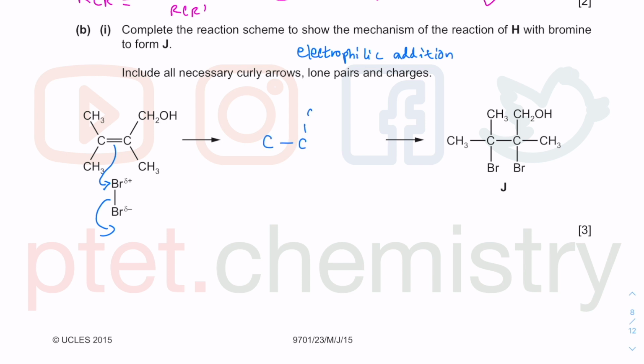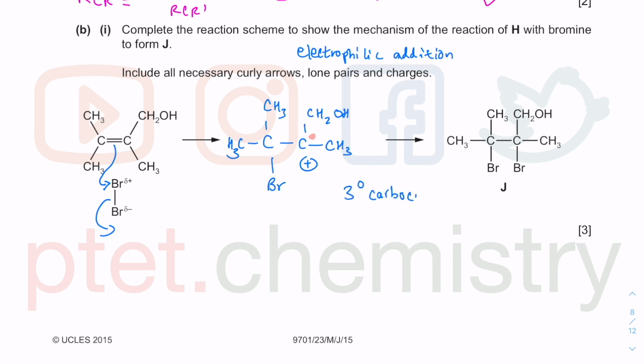Now I'm going to form CH2OH like this, CH3, CH3, CH3. I'm going to think about where my bromine is going to add. Actually, it doesn't matter where the bromine adds, but here is better, because if I add here, the carbon with the positive charge, which I have bolded here, is bonded to 1, 2, and 3 other carbons, so it is a tertiary carbocation.